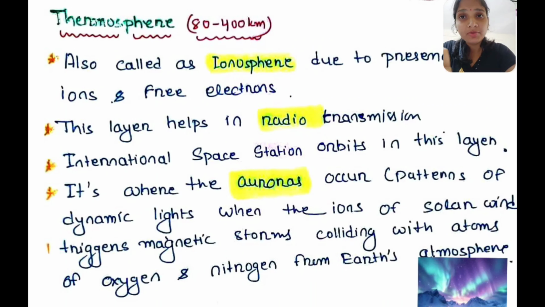What is an aurora? We know aurora borealis, aurora australis, the northern lights, the southern lights. These are called auroras. And how do they occur? These are the patterns of dynamic lights shown in the picture. They occur when the ions of the solar wind trigger a magnetic storm as they come in contact with the oxygen and nitrogen of Earth's atmosphere.